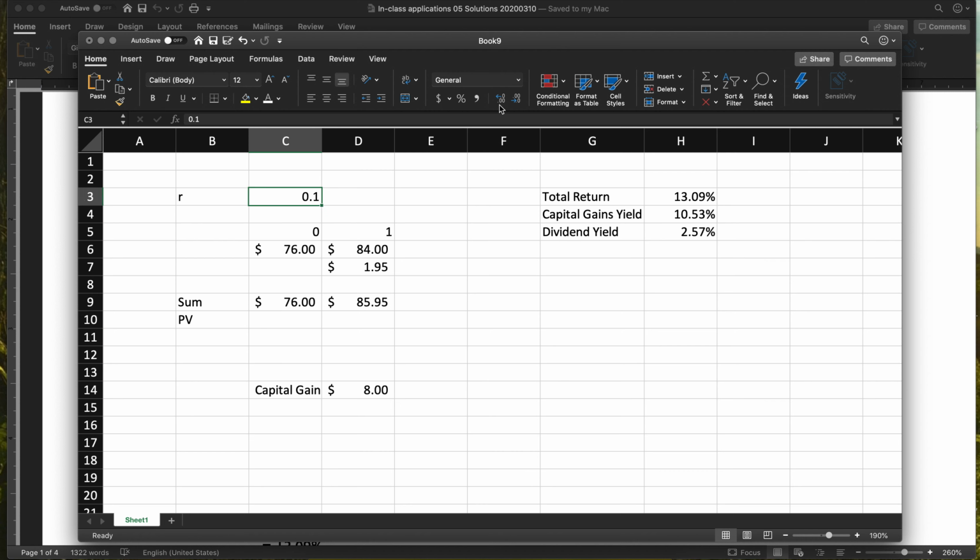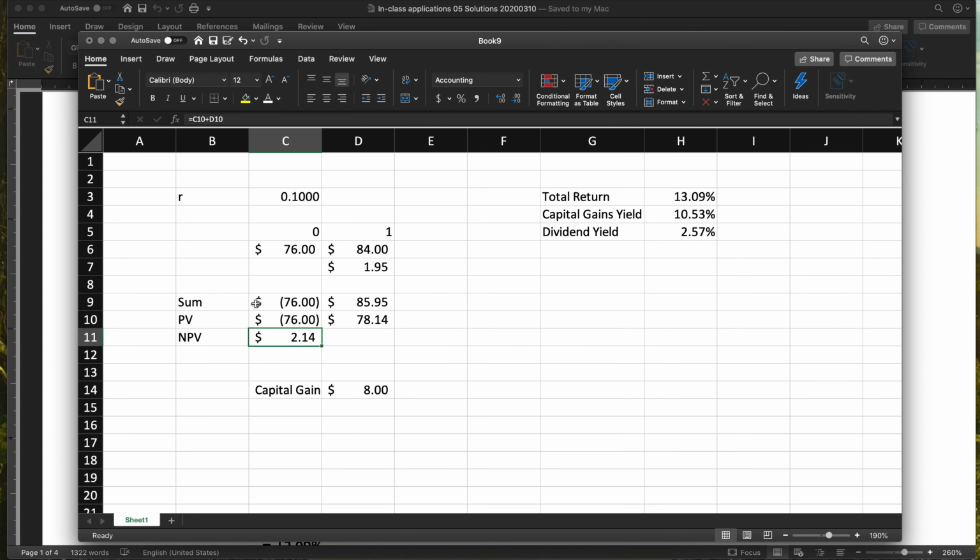And let me add a couple decimal places. And we can say that this is that divided by 1 plus that to the power of time. Notice that I need to lock it. And for this to work, we need to make this a negative.